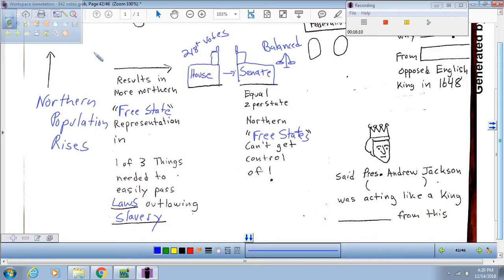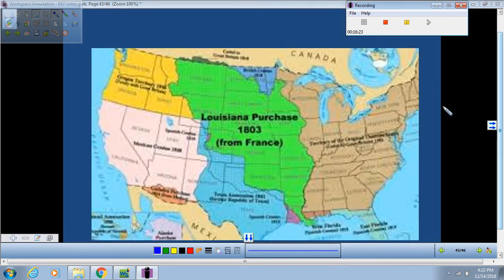Now, here's a picture of the United States, the original states here. There was an equal number of free and slave, which caused the Senate to be balanced. However, the Louisiana Purchase is going to have new states come from it.